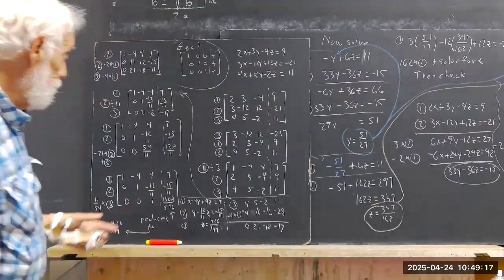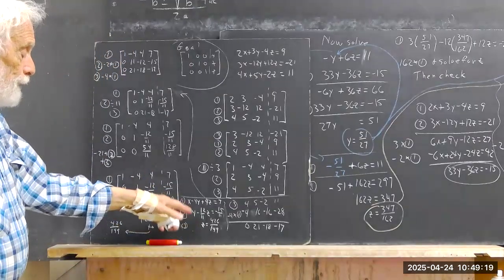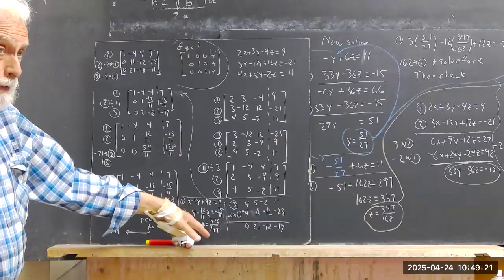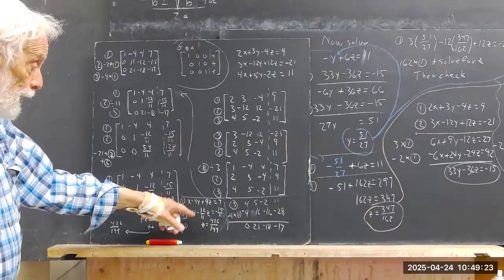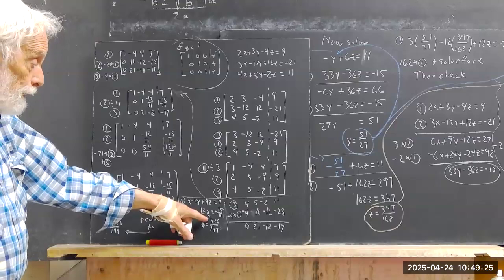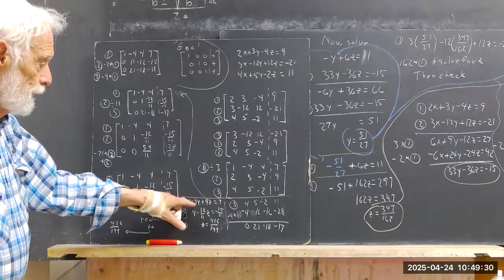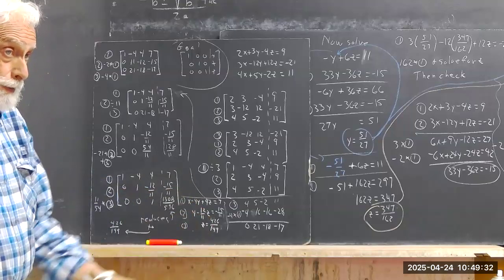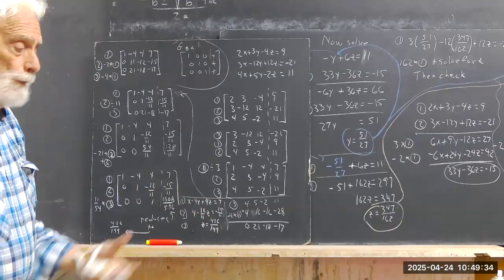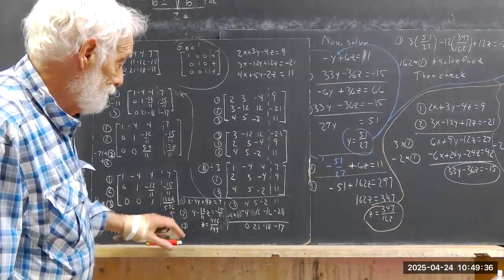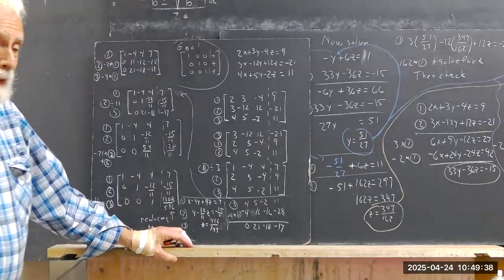If we get to that stage, we can do this. That's called back substitution. We figure out what z is. We can substitute that back into the equation for y and z. Then we get y, and we substitute the y and z back into the first equation, and we get a solution. Okay.